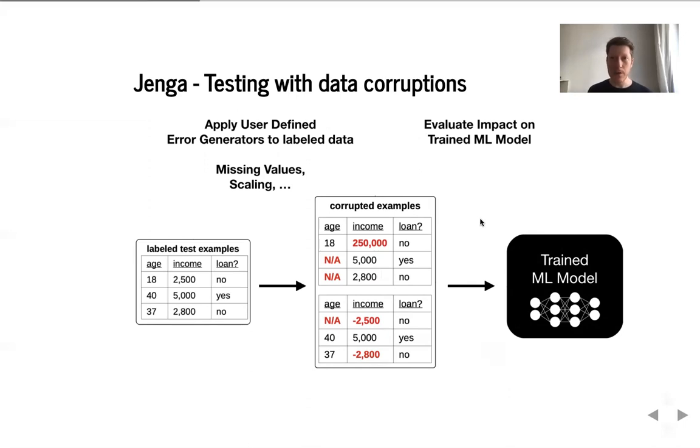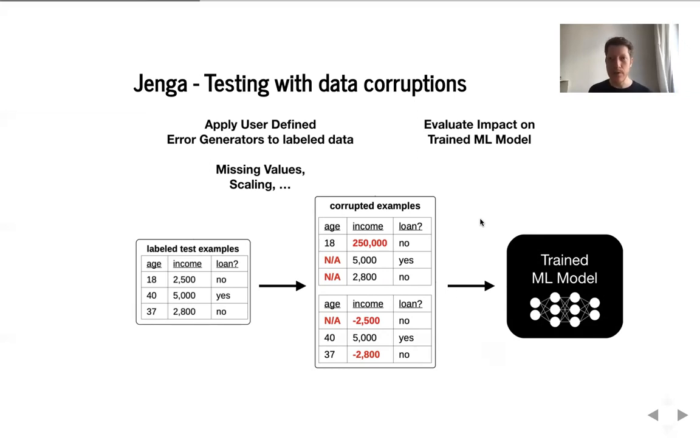Now, applying corruptions to data is nothing new. The machine learning community has been doing that for decades. One of the best examples, I guess, is Chris Bishop's paper in the 90s, where he has shown that injecting Gaussian noise to data before training a deep neural network on that data is equivalent to applying L2 or Tikhonov regularization on the weights of your neural network, which is also known as weight decay.